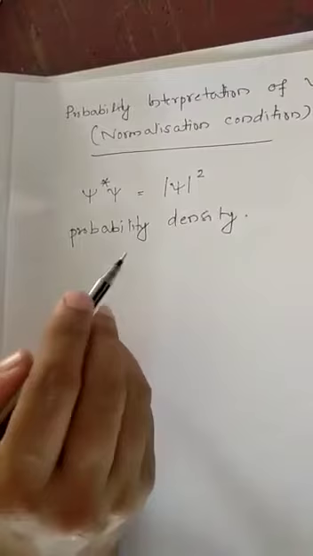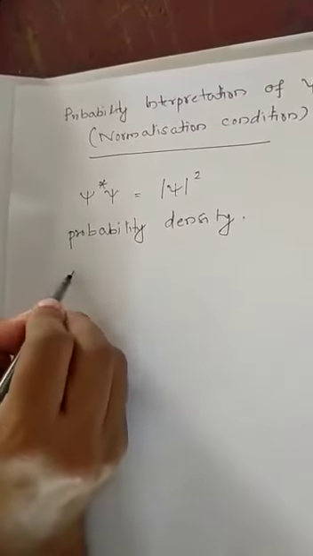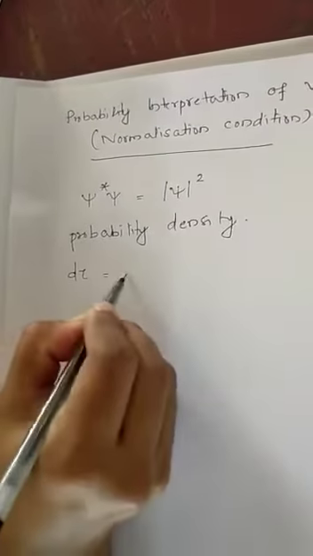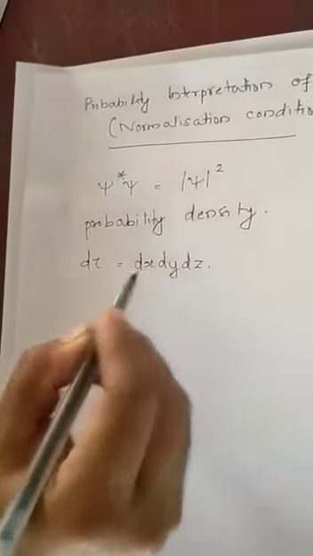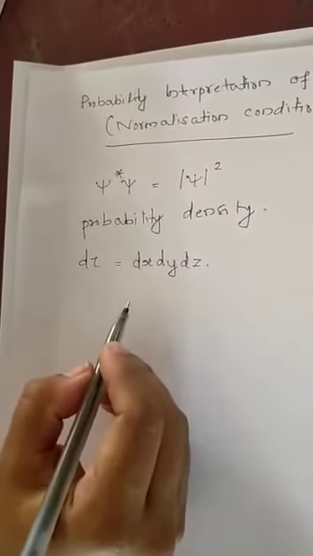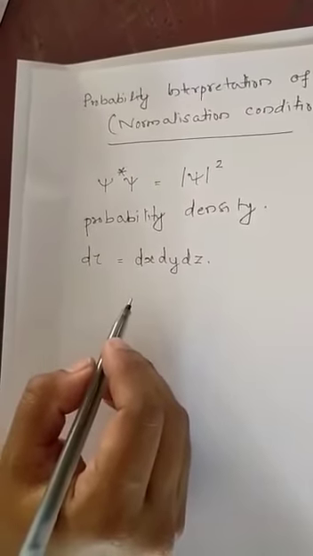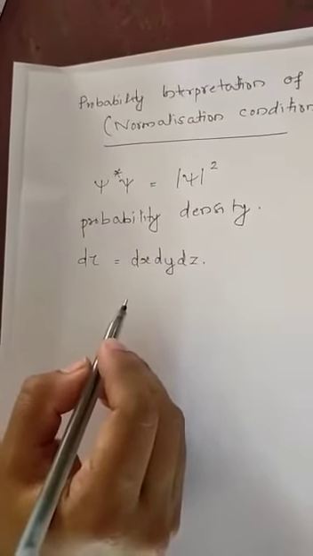If a particle exists in a given region d tau, where d tau equals dx dy dz, then the total probability of finding the particle in that region is 1.